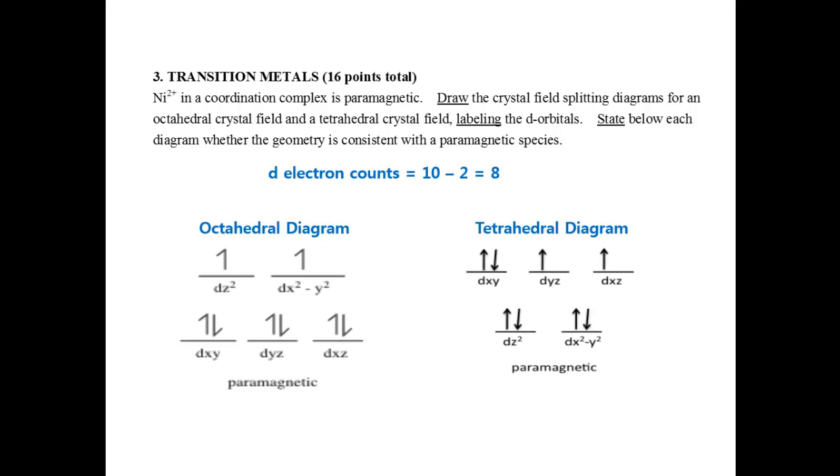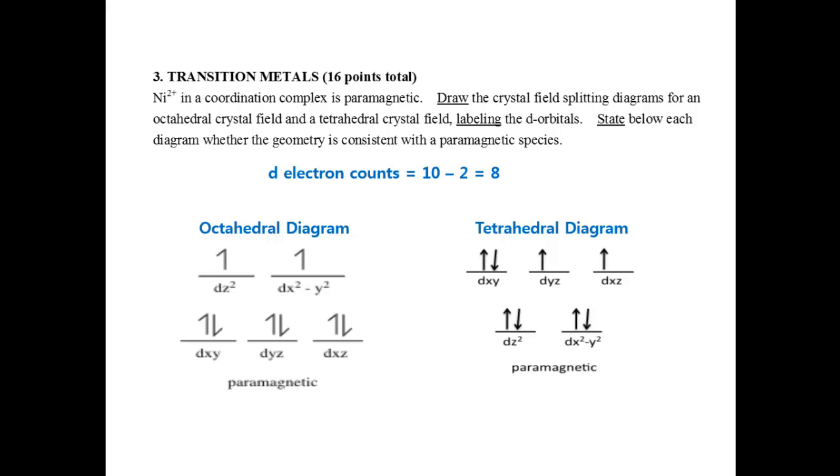Now the final question. You're asked to draw a crystal field splitting diagram for octahedral crystal field and tetrahedral crystal field. So the net d electron count is 8, and for the octahedral system you have 6 electrons in the T2G set and 2 electrons on the EG set.